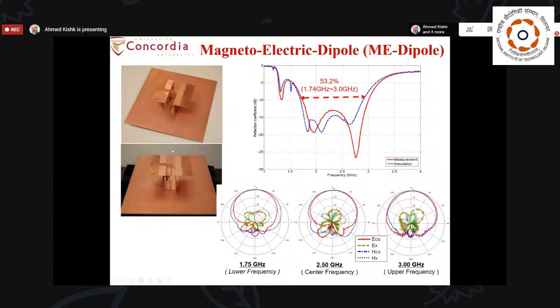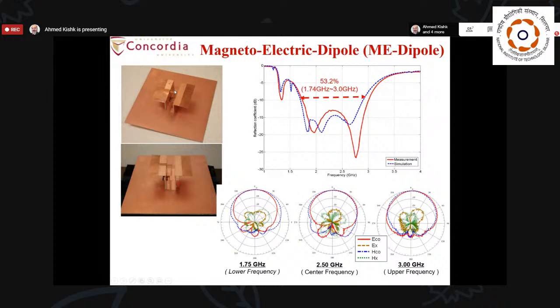How do we excite it? We excite it with a microstrip line coming from the back, with two sides parallel to each other, and here the strip is coming, and then I extend it and bend it in the form of a hook or L shape.